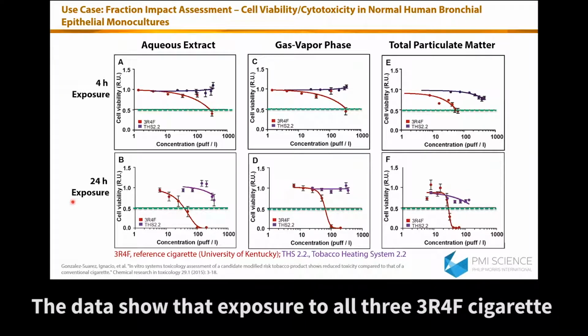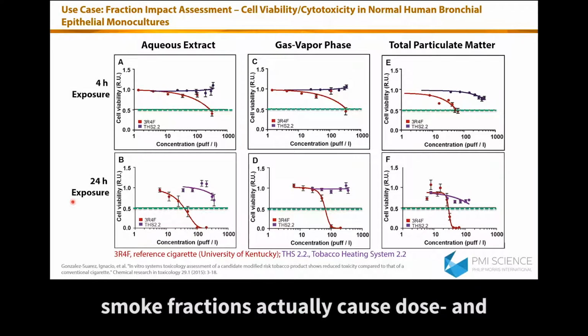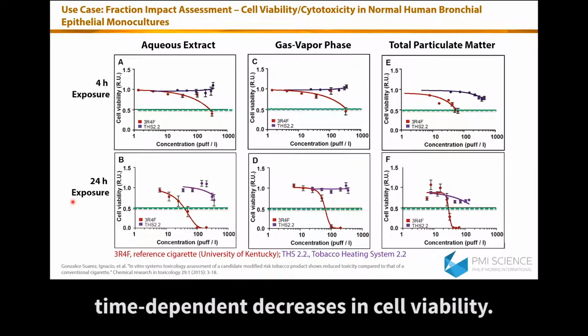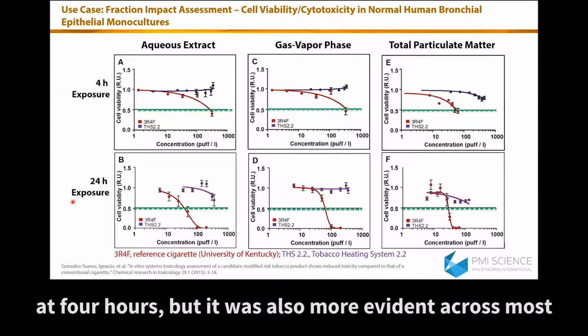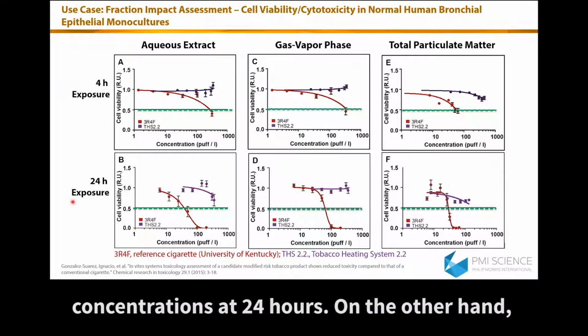The data show that exposure to all three 3R4F cigarette smoke fractions actually cause dose and time-dependent decreases in cell viability. This effect we can already see with higher concentration at 4 hours, but it was also more evident across most concentrations at 24 hours.